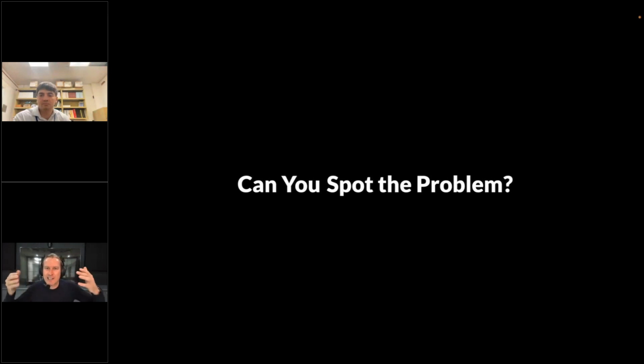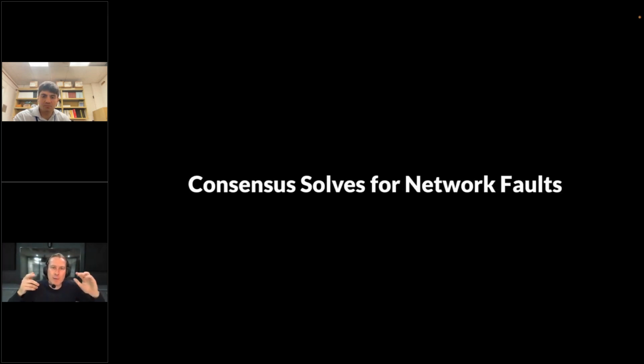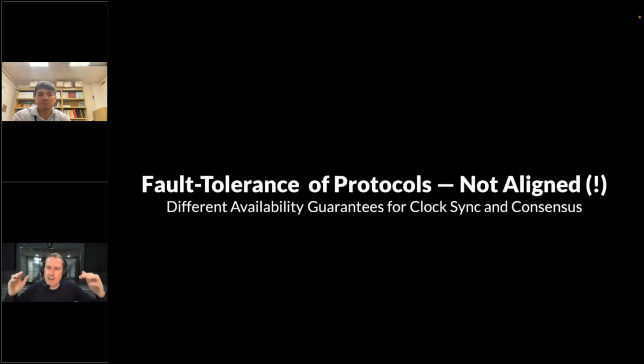So clock sync solves for clock faults. That's the goal. Consensus, and this surprises people, but consensus solves for network faults. TCP actually doesn't give you consensus. If it did, we wouldn't need consensus, but TCP doesn't really give you total order across connections. So consensus solves for network faults. Clock sync solves for clock faults. And here's the problem. Obviously, with clock sync, you get amazing protocols that are designed to be robust and fault tolerant.